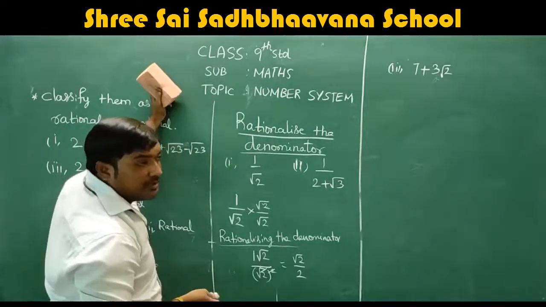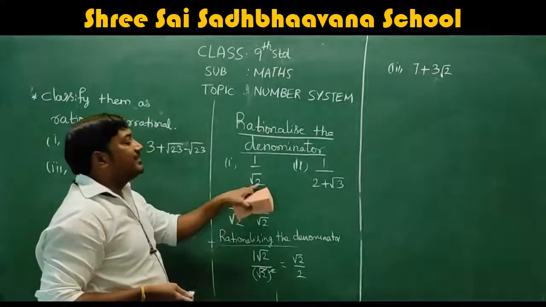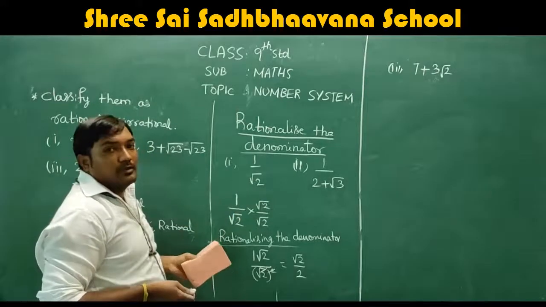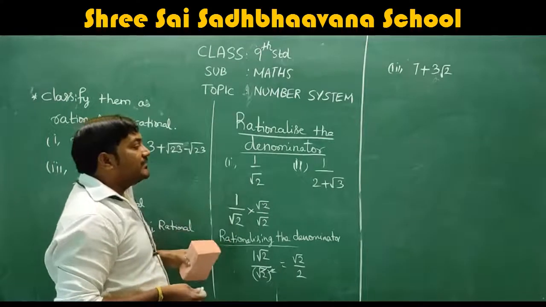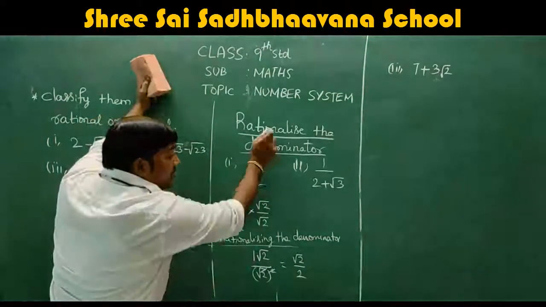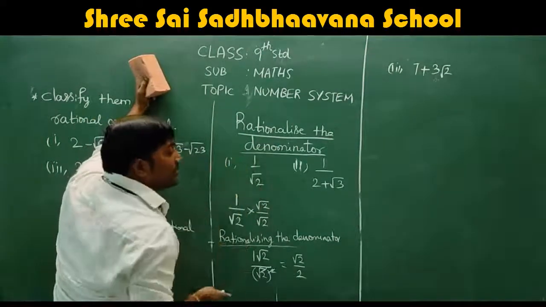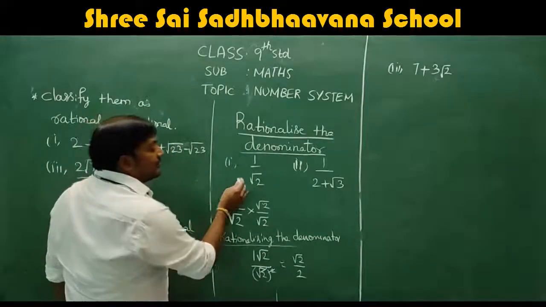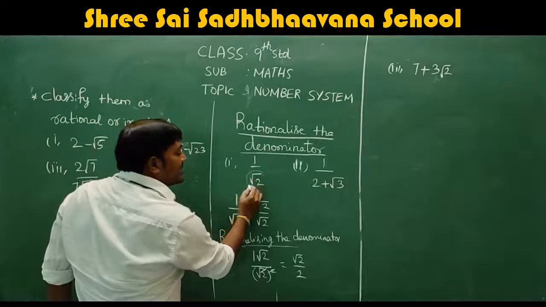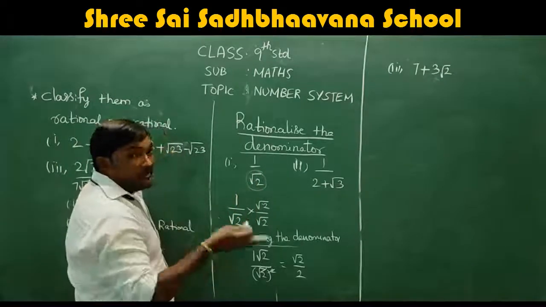Rationalizing in this sense means we are making the irrational number which is in the denominator come as a numerator.